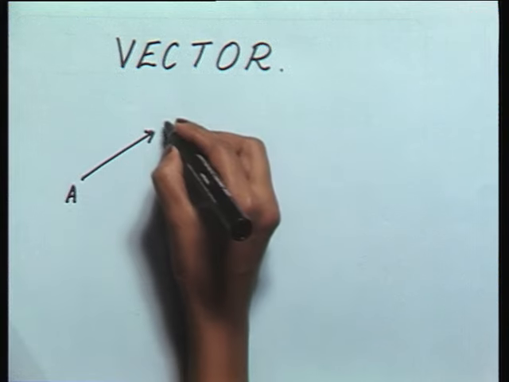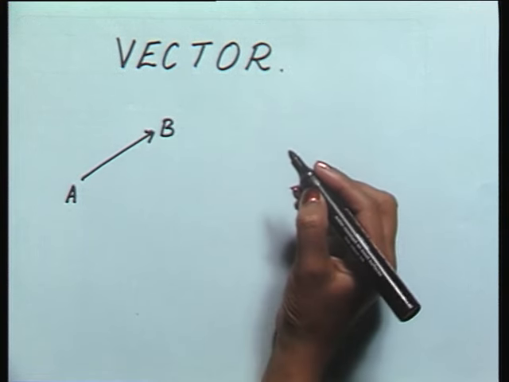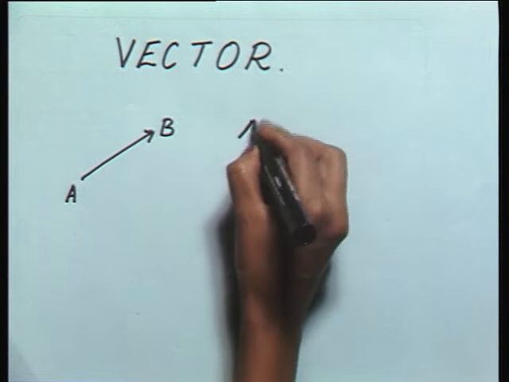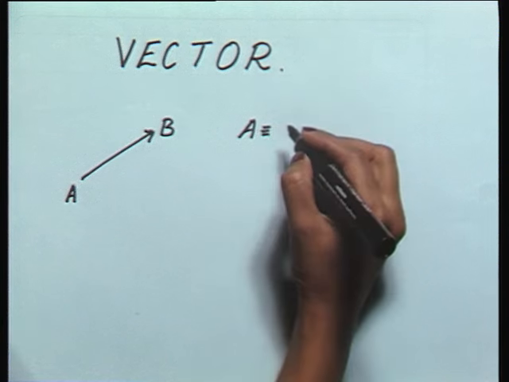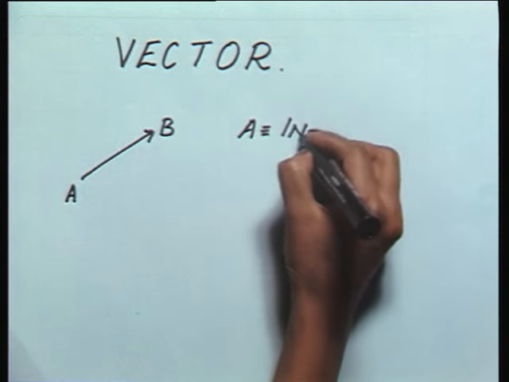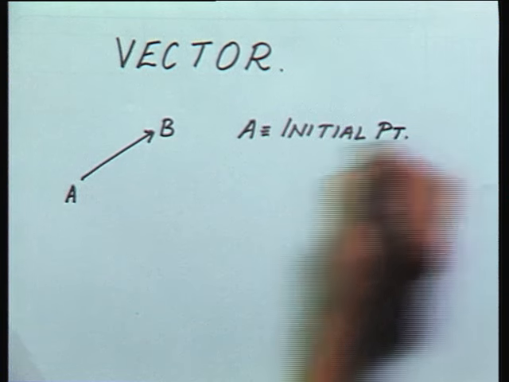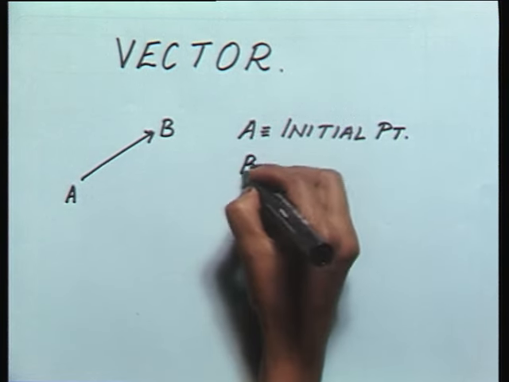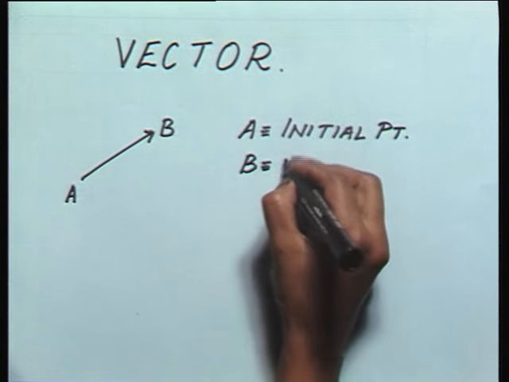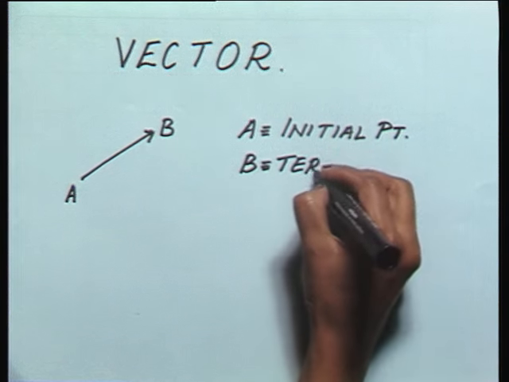If the line segment begins at A and ends at B, then we call A the initial point of the vector, and B the terminating point of the vector.